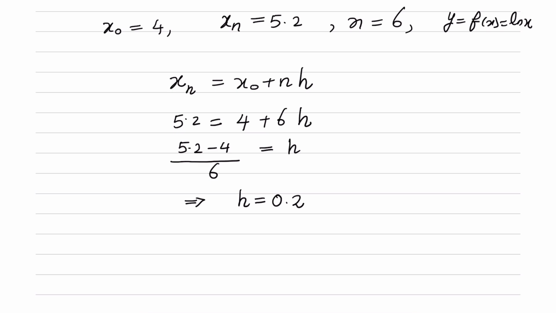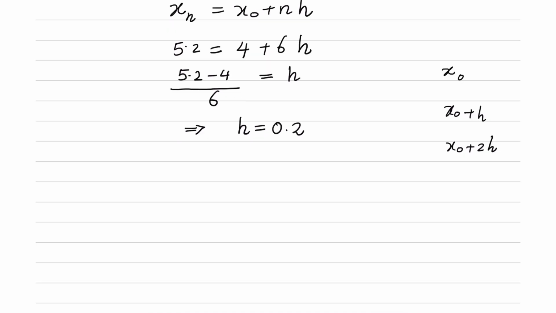Because if our data is equally spaced, we know that every next x value is obtained by adding h to the previous x. So first x is x naught, next would be x naught plus h, next would be x naught plus 2h. This is how we get x values if we know the starting x and h. So let's get x values. Starting x we know is 4 and h is 0.2. So next x value will be obtained by adding 0.2 to 4.